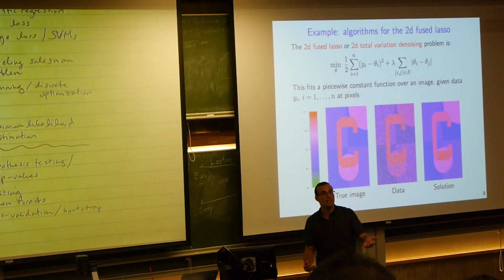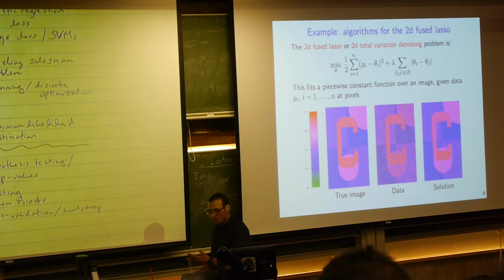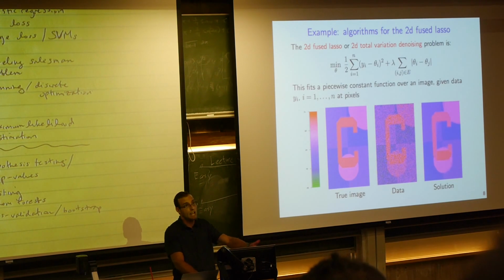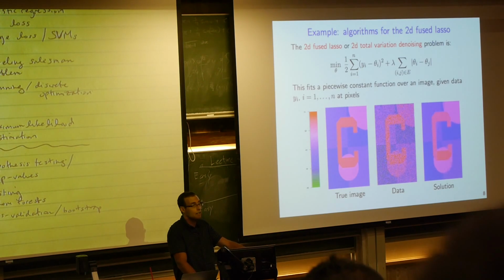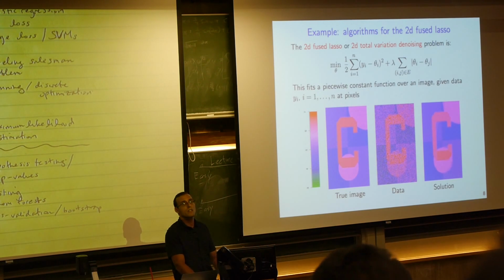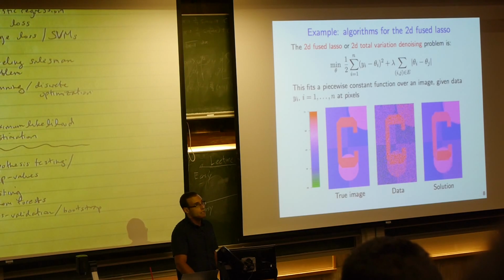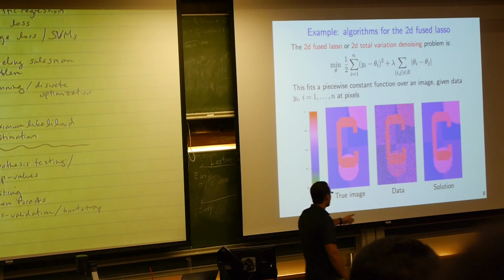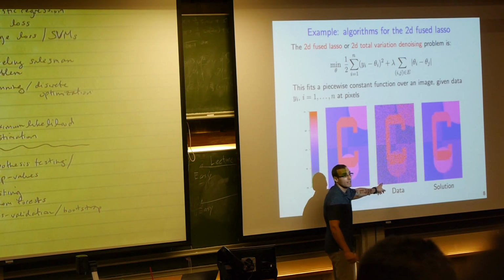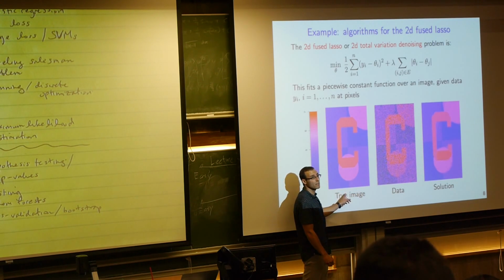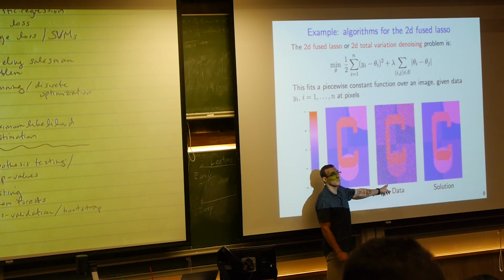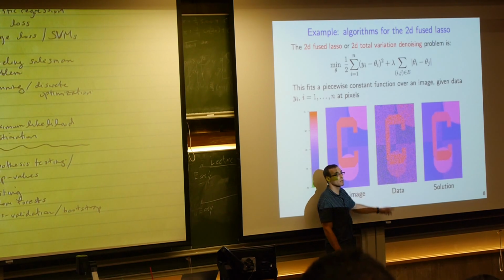But because I wanted to compress this image, or maybe because I'm actually observing it, like this is an MRI scan, it's not something I can see directly, or whatever other reason, let's suppose that what I observe is a noisy version of the image. So this is the data I see. This is actually y. I meant to say this was the mean of y, not y itself. This is y. So it's no longer piecewise constant.